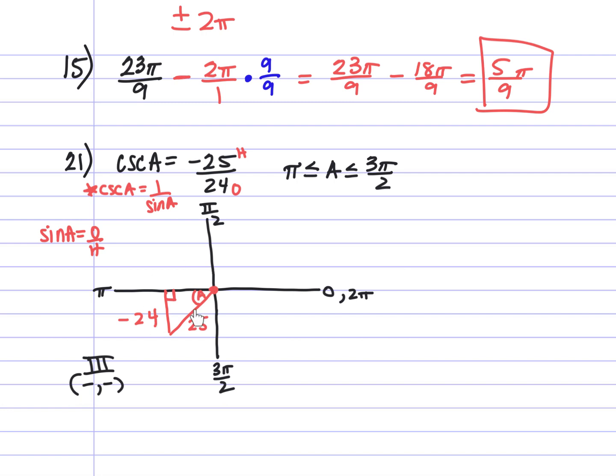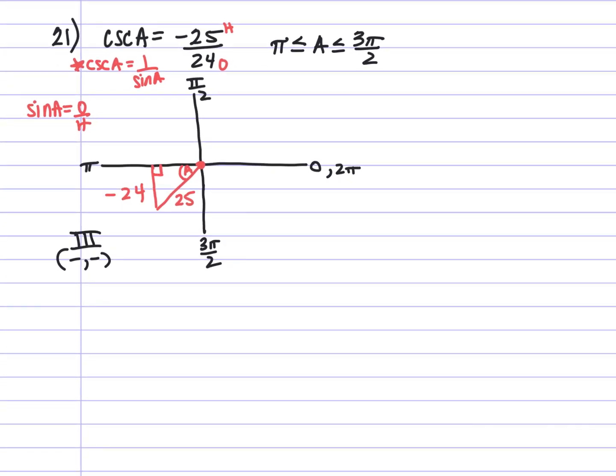Okay? So before I can list my other 5 trig functions that are missing, I need to use the Pythagorean theorem to find my missing side. So a squared plus negative 24 squared equals 25 squared. And this is actually the Pythagorean identity, but if you don't know it, it's okay.